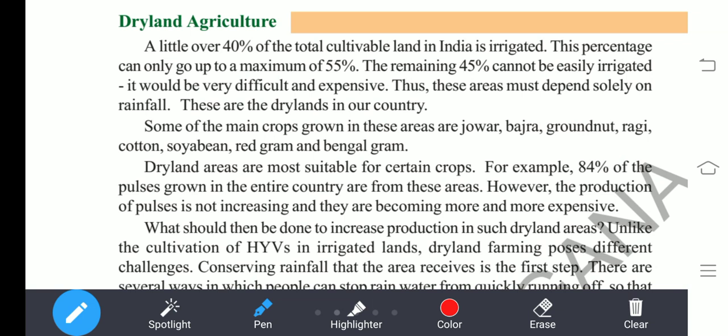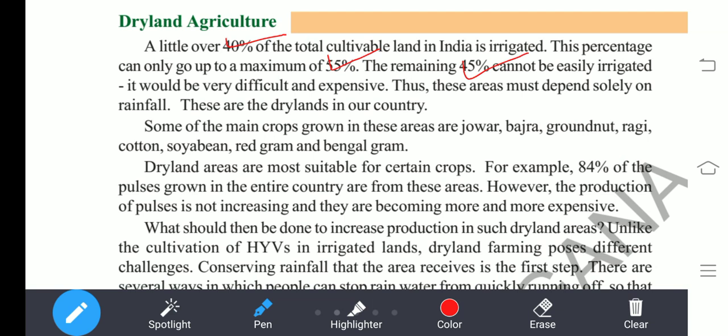And it is 40 percentage in our India. This can increase up to 55 percentage if we try, and the remaining 45 percentage of the cultivable land is dry land area.